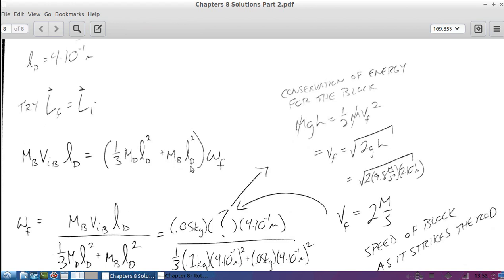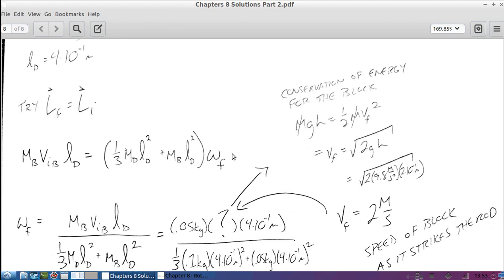Again, just like with the bullet door problem, I've got the moment of inertia for the rod, and the moment of inertia for the block once it is attached to the rod. It's attached to the end of the rod, so it's a point particle with moment of inertia ml squared.